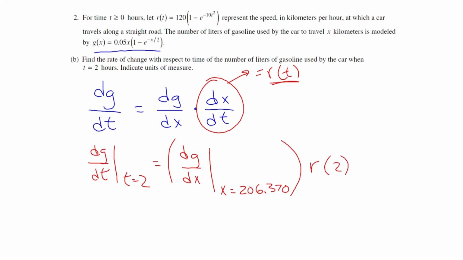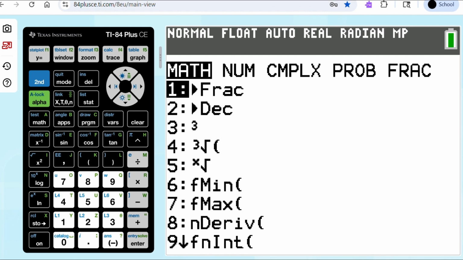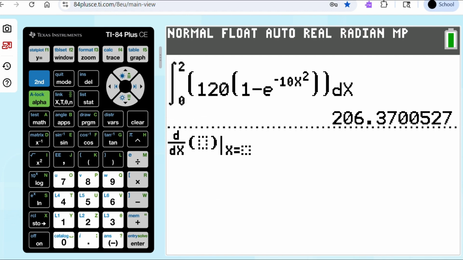And so we'll go ahead and figure out what that is using our calculator. So we're going to first take the derivative, math, option 8. We're going to take the derivative of g with respect to x at that 206.370 value.